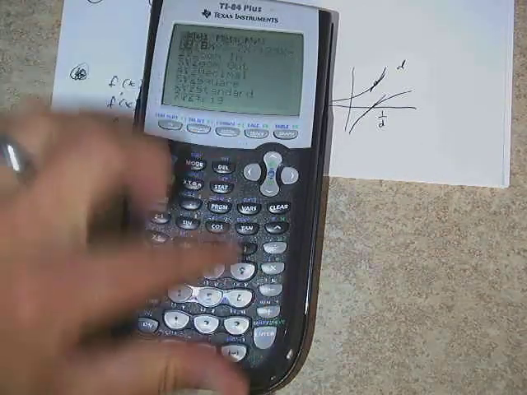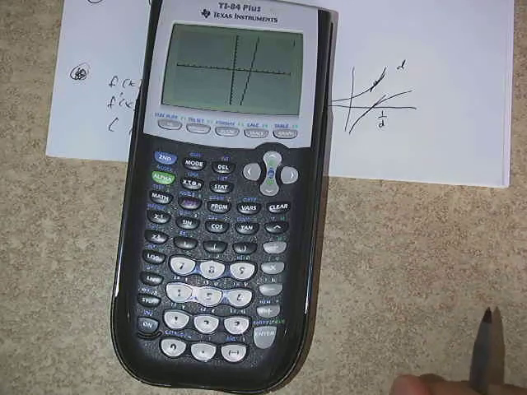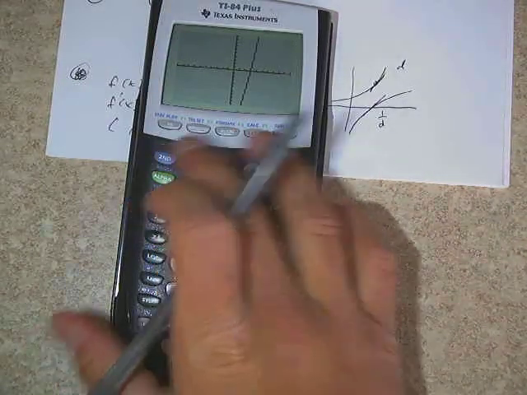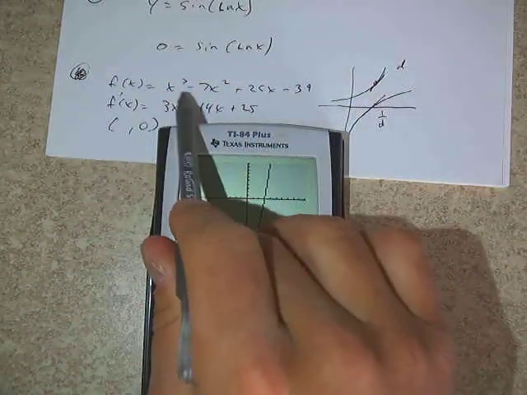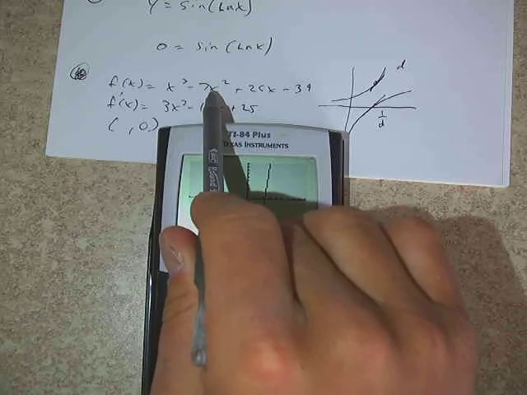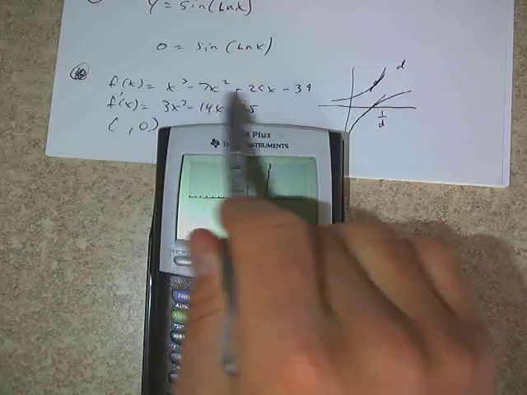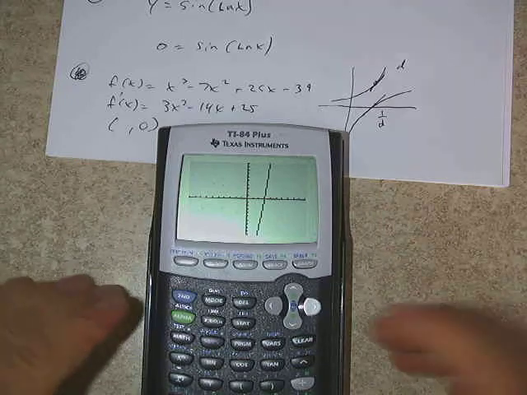And ultimately this x value is what we put into the derivative that we just found. So the question is, how do we find the x-intercept of this equation? Well, it's a cubic function, so I wouldn't spend any time doing algebra. I would use the calculator to find that point. So our equation is x cubed minus 7x squared plus 25x minus 39.